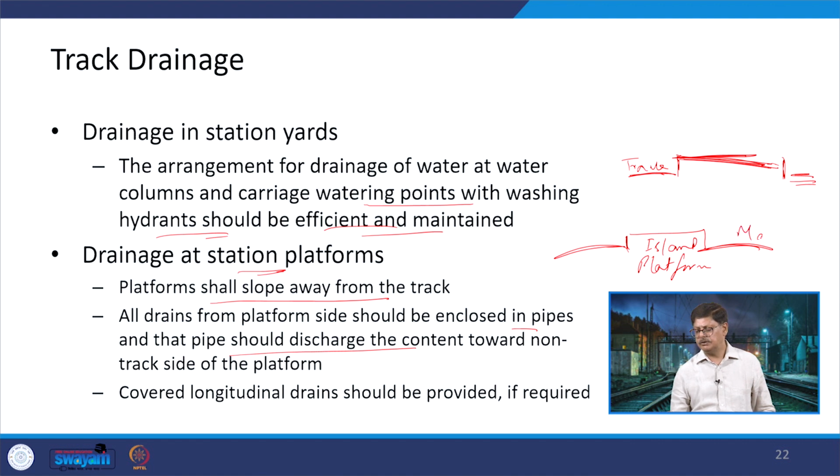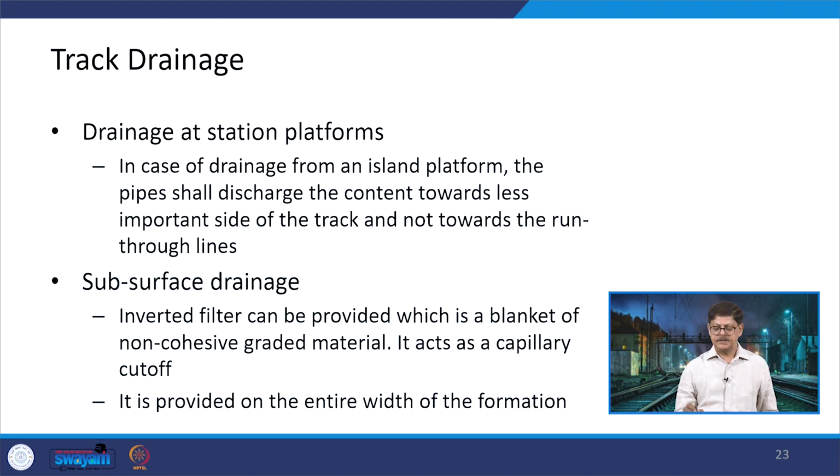So, if it is a main through line on this side and a loop line on the other side, then this has to be taken towards the loop line. Covered longitudinal drain should be provided if required. This I already talked about. So, in the case of an island platform, the discharge of the content should go towards the less important side.